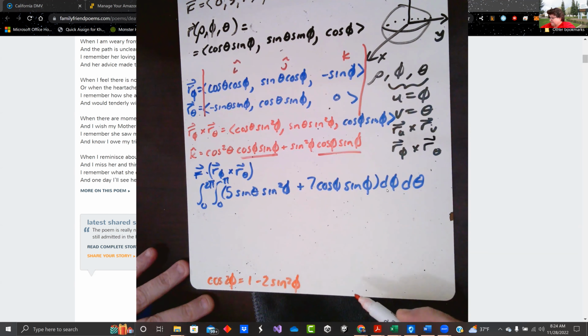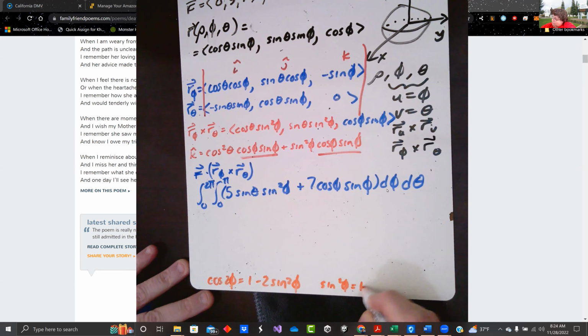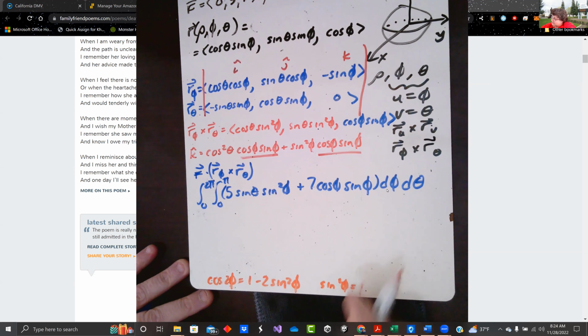If I solve for sine squared phi, I've got sine squared phi is 1/2 times 1 minus cosine 2 phi.